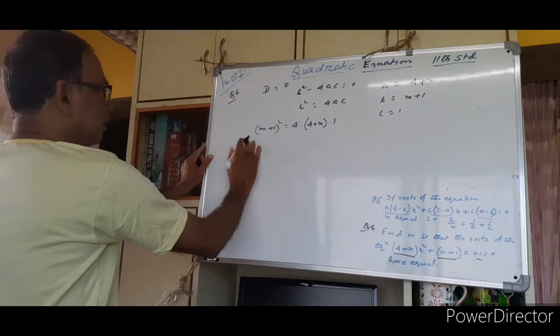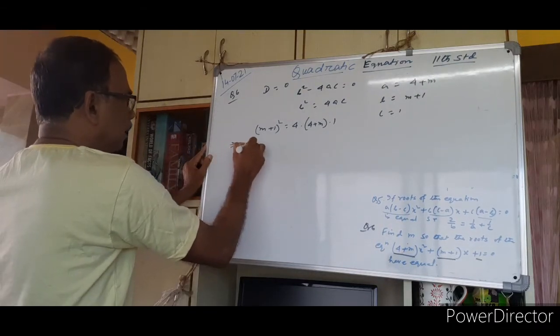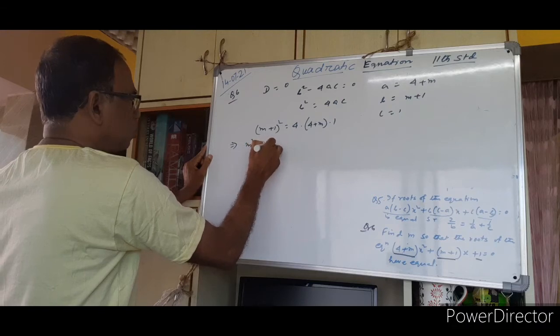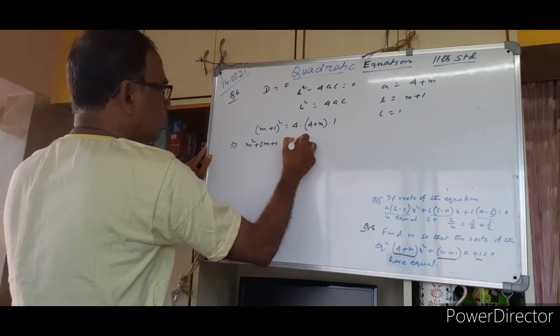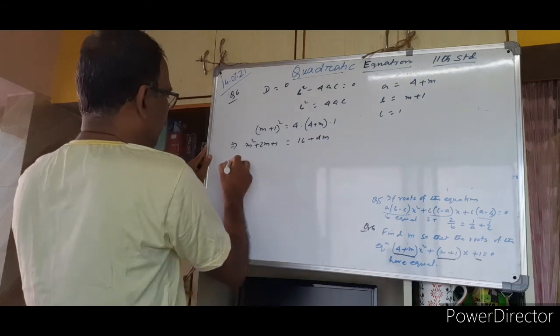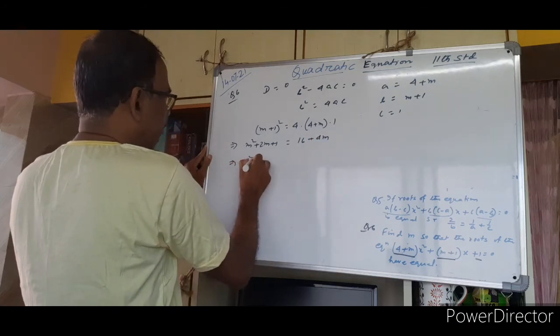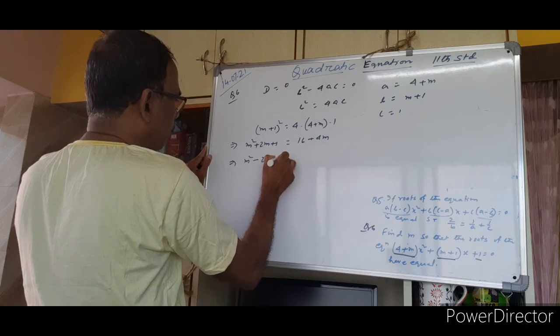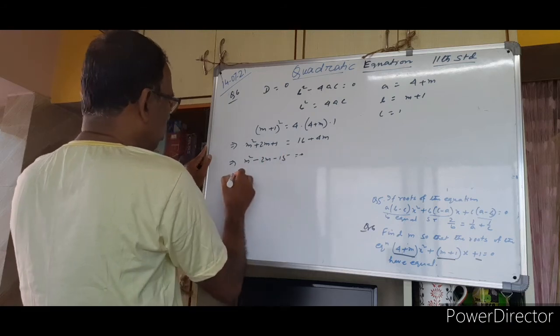Now breaking this implies m square plus 2m plus 1 equals 16 plus 4m. Implies m square minus 2m minus 15 equals 0.